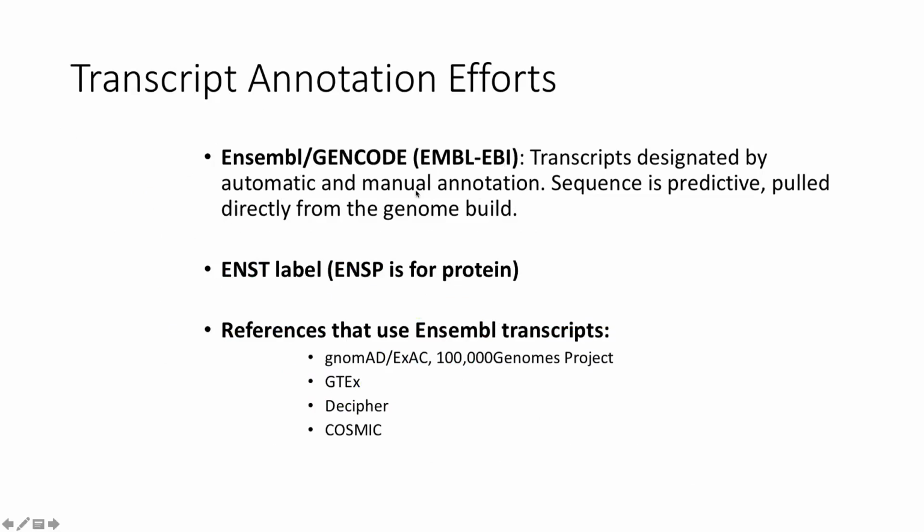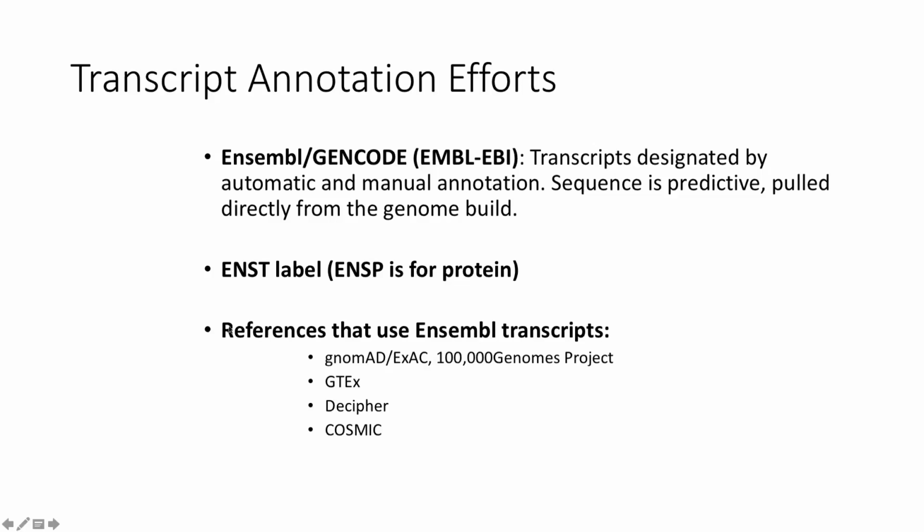I have worked a lot with the Ensembl EBI team and the NCBI team, and in the past it used to be the thought that most of this was largely automatic annotation and that they were just finding all the transcripts that could align to the genome build, and many of them didn't have evidence. However, they have assured me, and I'll show you a screenshot of the website, that they've been starting to do more and more manual annotation and manual curation of these transcripts. ENST is the label for Ensembl transcripts. You'll also see ENSP on the screenshot for the website, and that stands for protein.